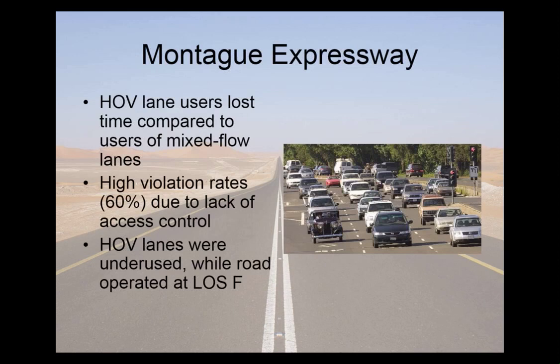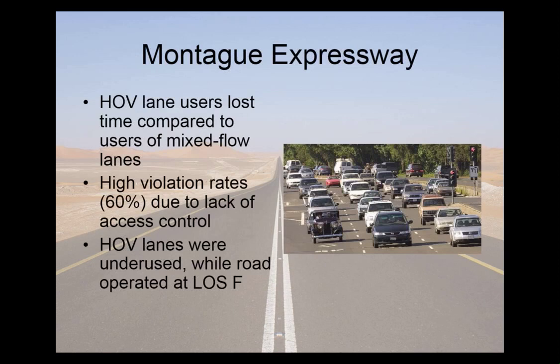Twenty years later, the County of Santa Clara evaluated the performance of various arterial HOV lanes in the area, including the Montague Expressway. What they found was that users of the HOV lane actually lost time compared to users of the general mixed flow lanes.